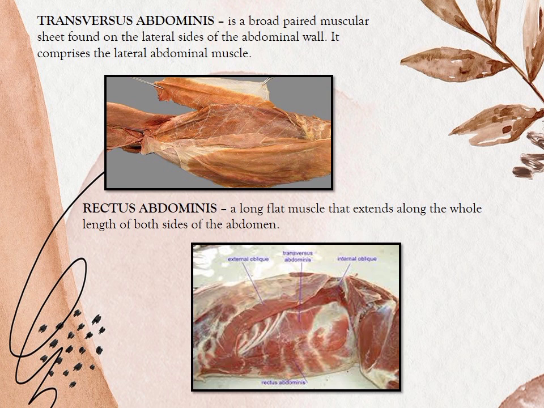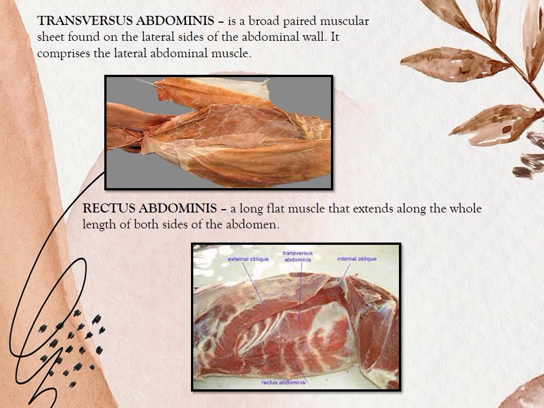Rectus abdominis, a long flat muscle that extends along the whole length of both sides of the abdomen. Rectus abdominis runs along the ventral aspect of the body wall between the pectoral and pelvic girdles.